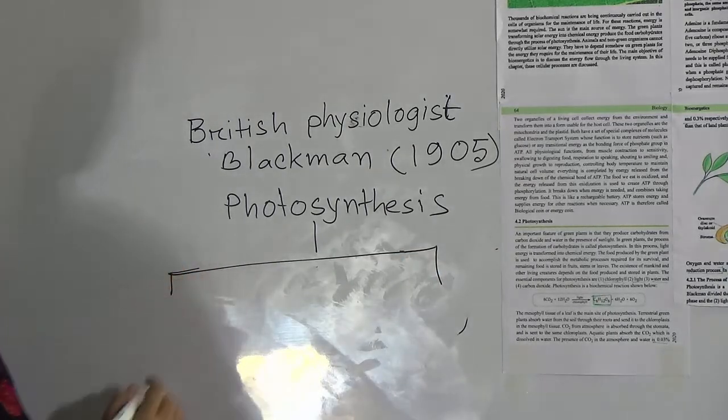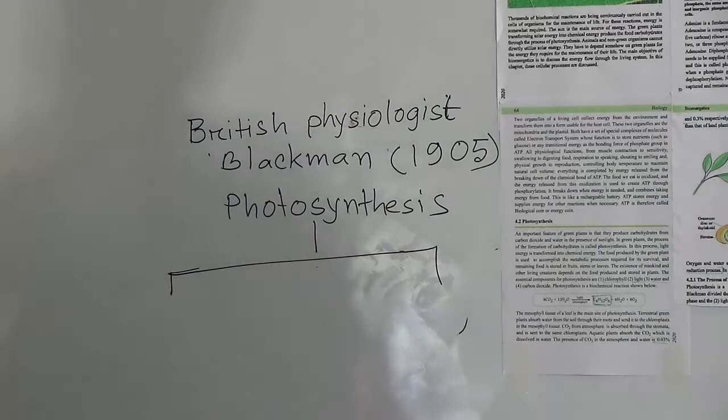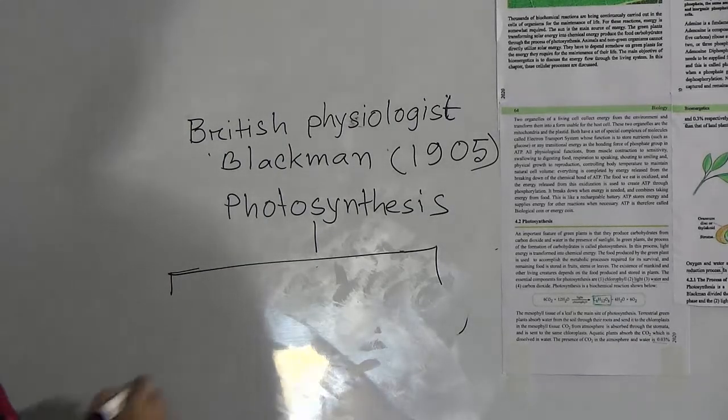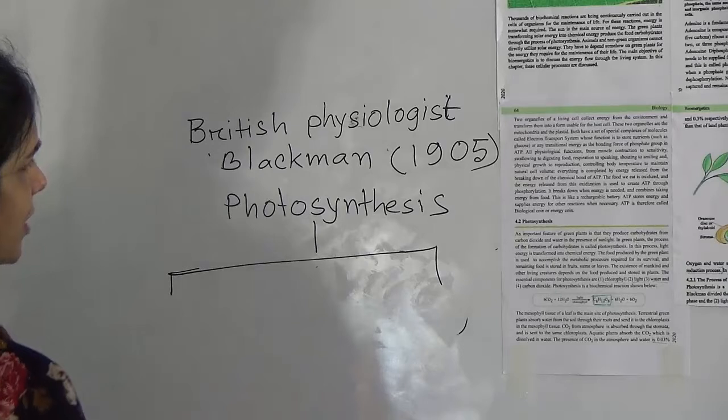Blackman divided the total photosynthesis procedure into two phases.